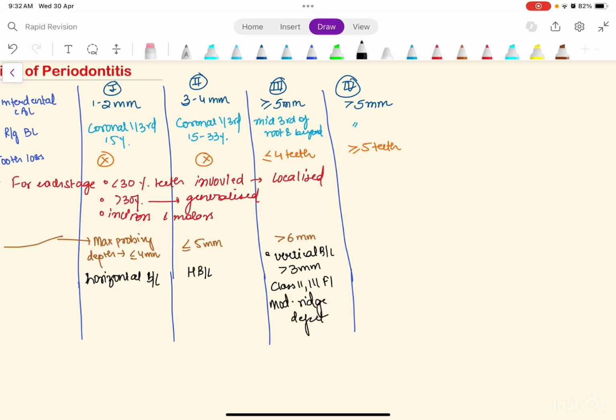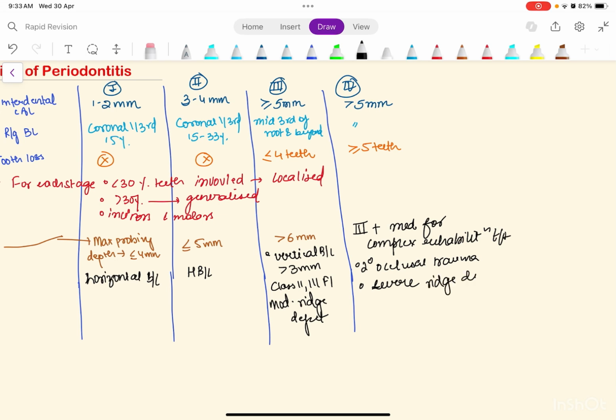Now stage 4 is the severe form, so it has all the features of stage 3, plus there is a need for complex rehabilitation treatment. Then there is secondary occlusal trauma.